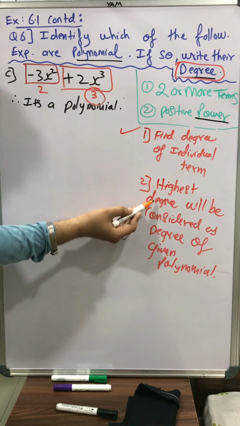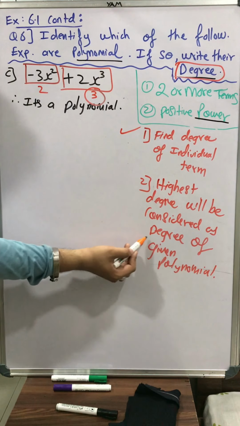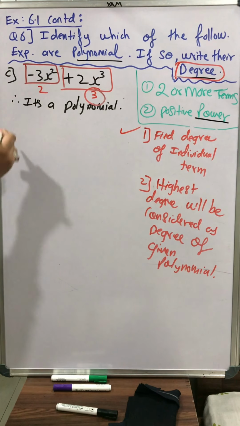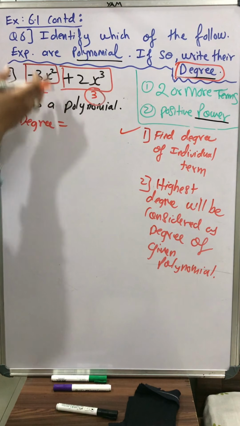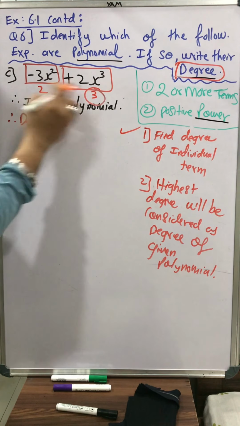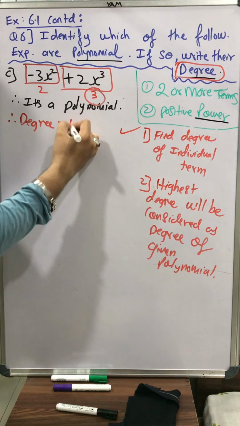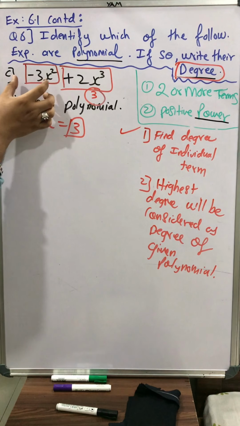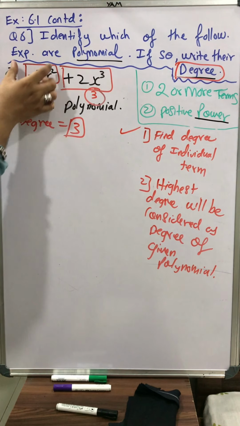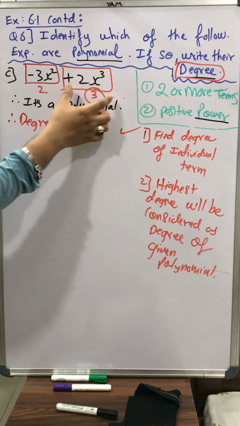So see here, the highest degree will be considered as degree of given polynomial. So the degree of given polynomial is how much? The highest one, the largest one, which is 3. Now I think you understood the scenario. The two steps are, first find the degree of individual terms. This degree is 2 and degree for this is 3.